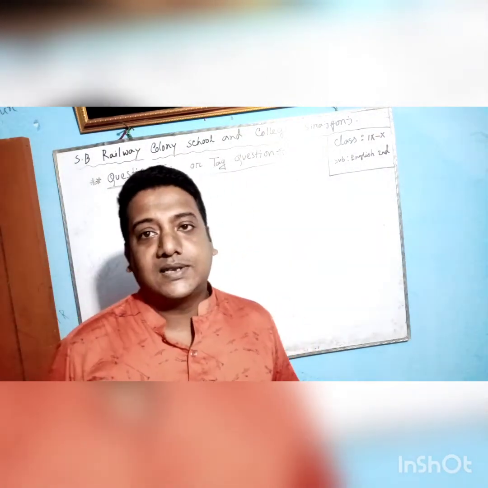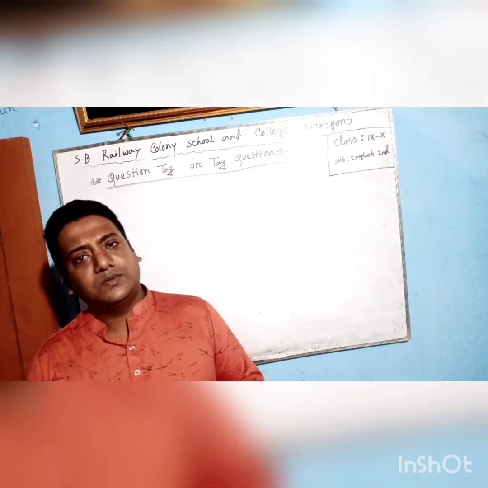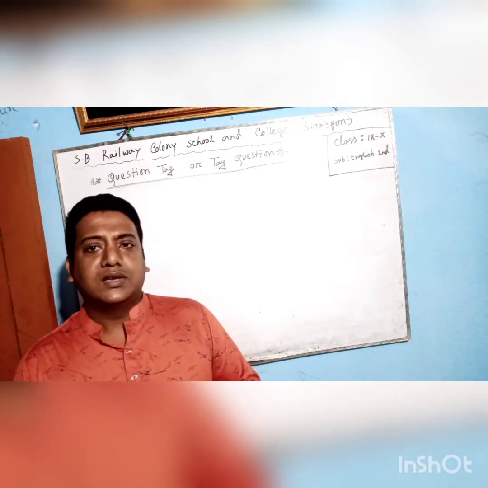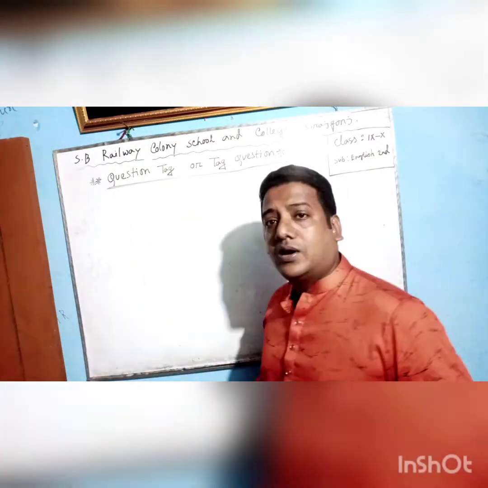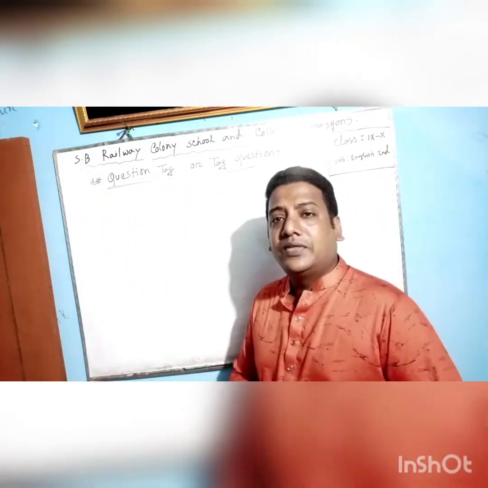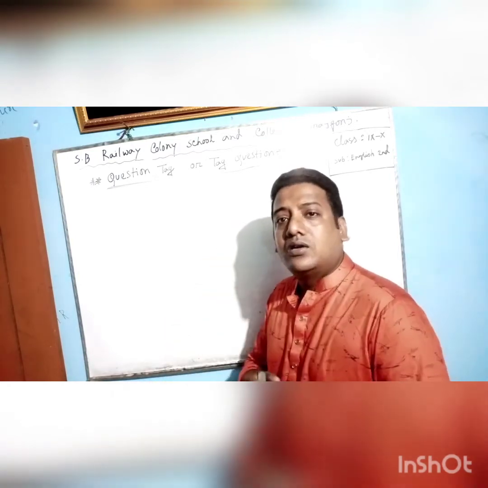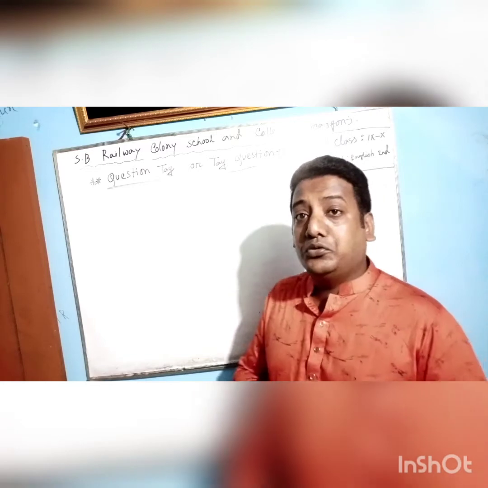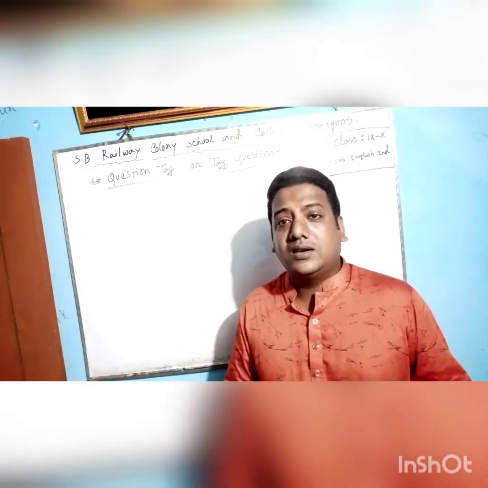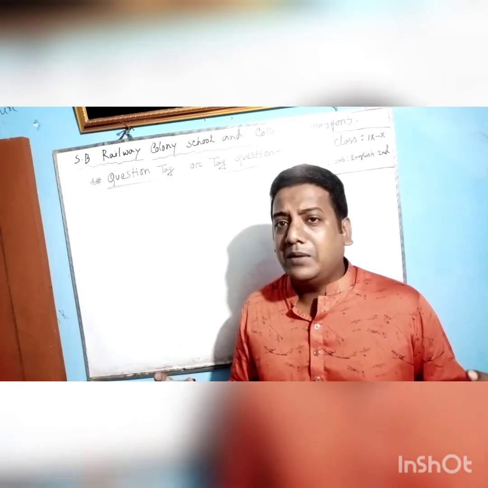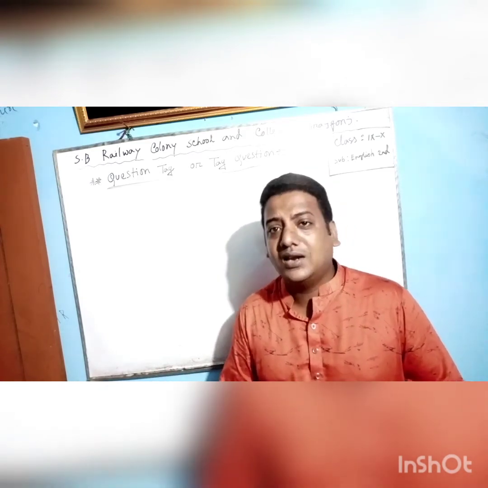And our third structure is very important. The third and fourth structures are very important, because it is very easy when we find any kind of helping verb in a statement, then we use this verb in our question tag part. But if we do not find any helping verb, then it is difficult for us to make a question tag.